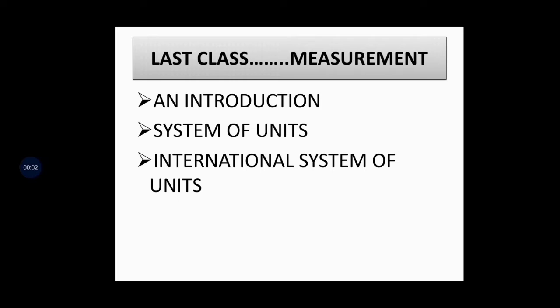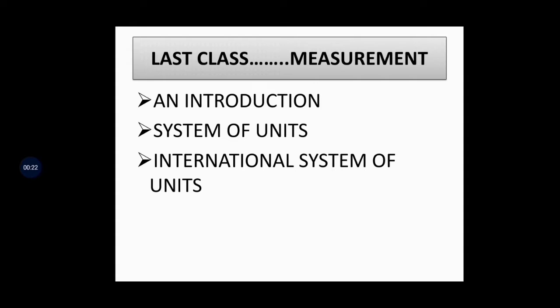Dear children, in the last class you have learnt about measurement, right? Under measurement you have seen what is measurement and why we need measurement, and it is very necessary for our day-to-day life.